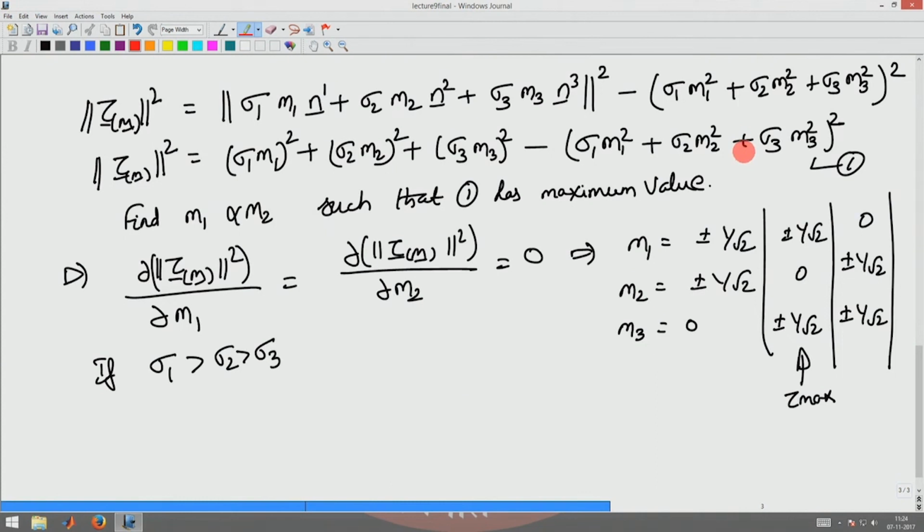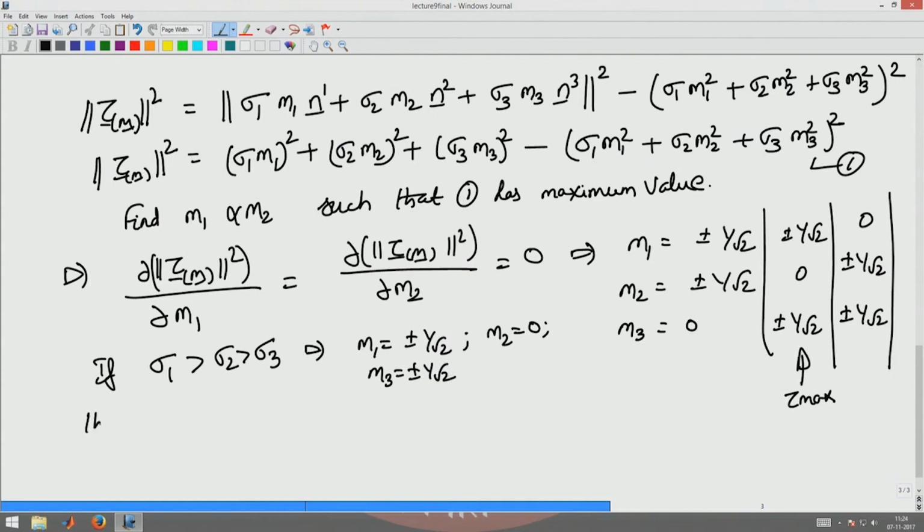Okay. If I assume that this is the case, then I know that the solution would be, this will imply m1 is plus or minus 1 by root 2, m2 is 0 and m3 is plus or minus 1 by root 2. Okay.